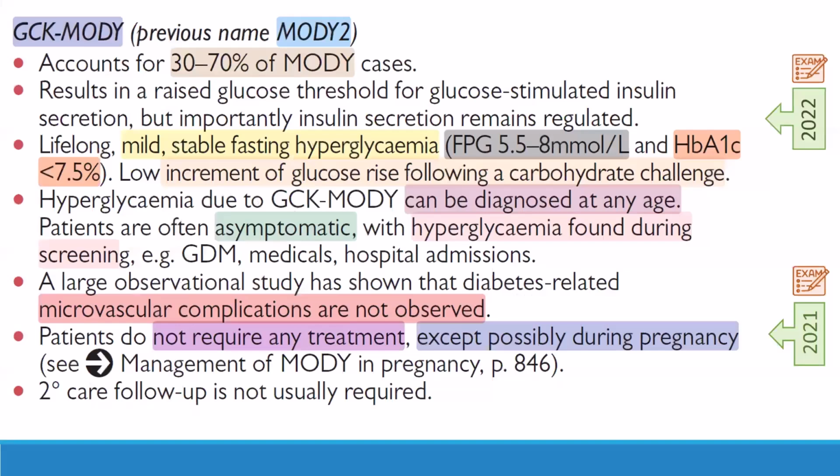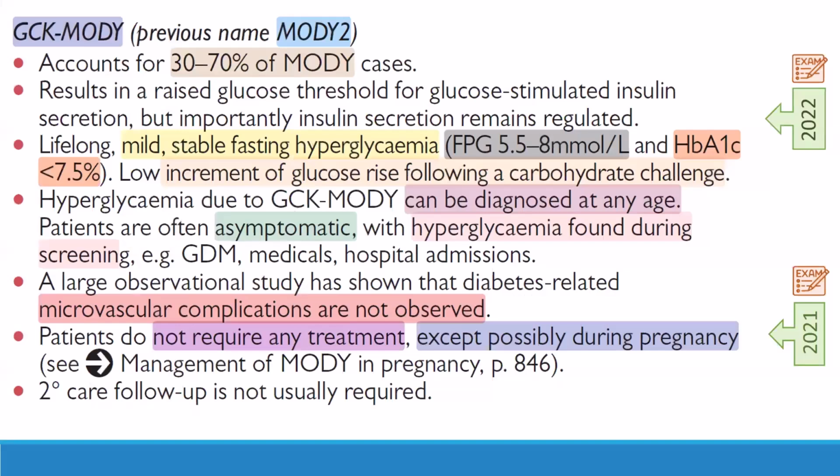Glucokinase is the most common form if diagnosed during pregnancy. It accounts for 70% of MODY: mild, stable fasting hyperglycemia, usually fasting less than 8, hemoglobin A1C usually mildly elevated, less than 7.5, for a long duration.